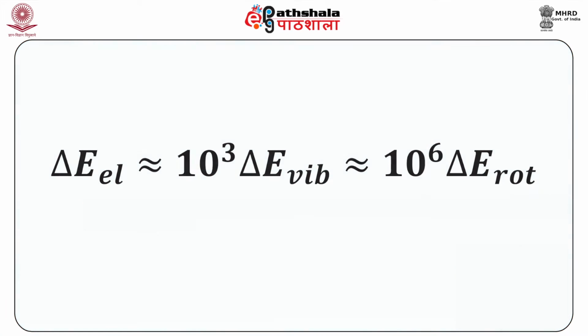The magnitudes of the involved transitions show large variation. For example, for the electronic transitions, the energies are about 1000 times that of the energies involved in vibrations, which are about 10 raised to the power 6, or a million times, those of rotation, and hence the three kinds of energies are independent of each other.